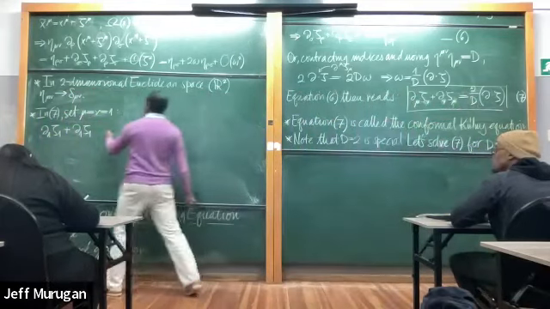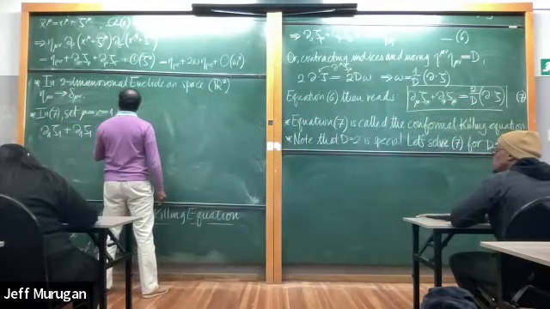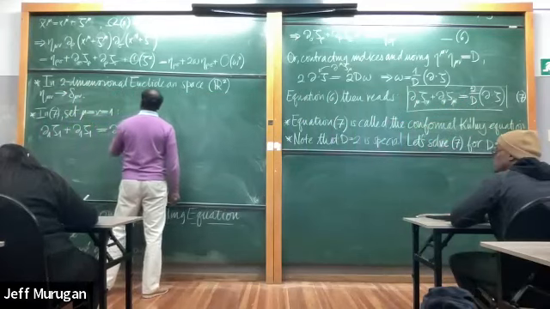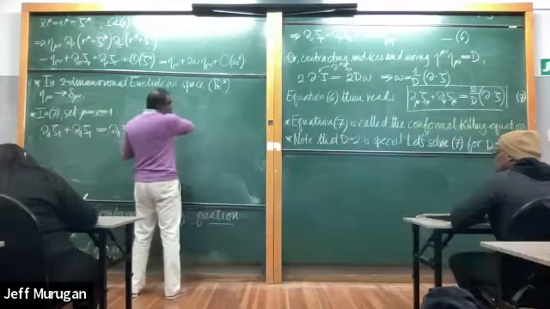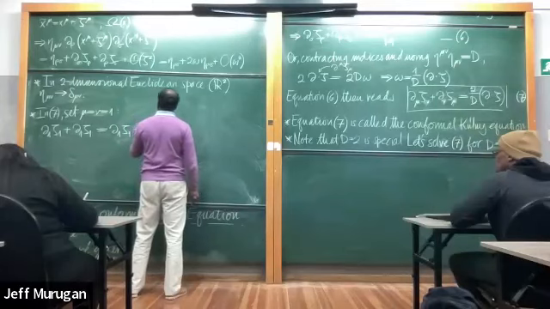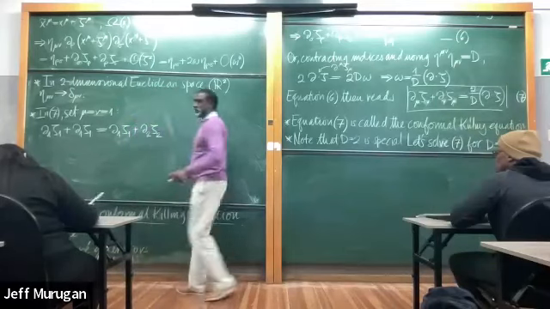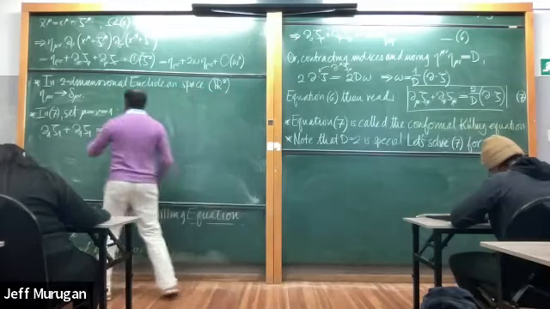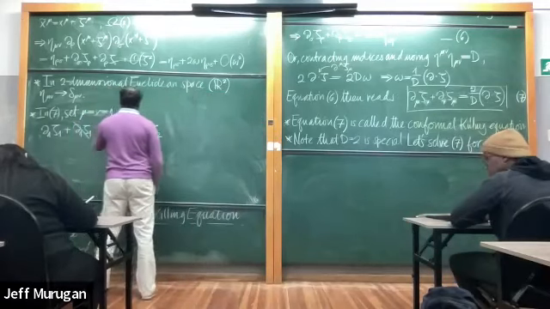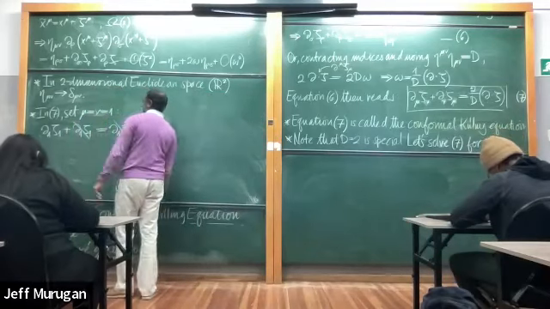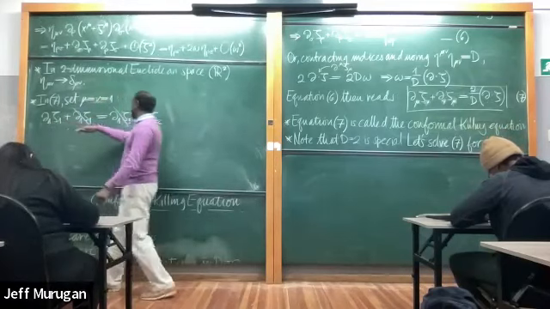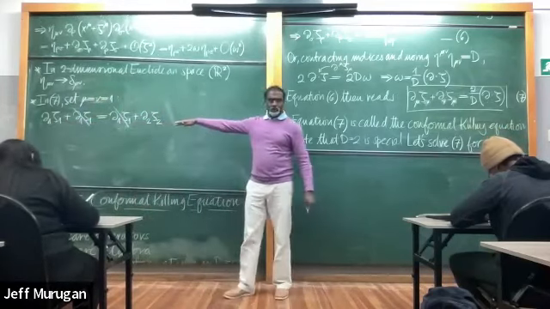On the right hand side, I get d1 zeta 1 plus d2 zeta 2. Right. One of these guys will cancel out. This tells me that d1 of zeta 1 is equal to d2 of zeta 2.